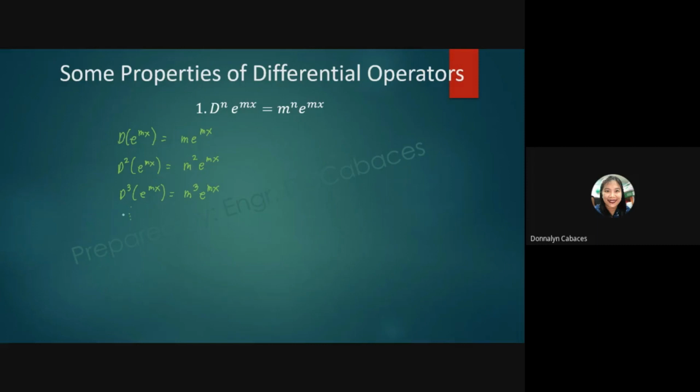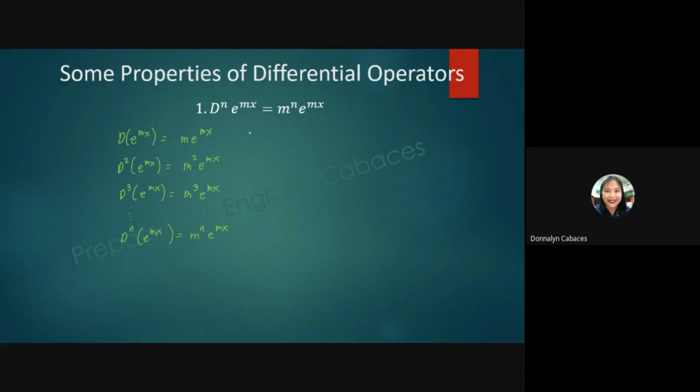So if you have the n derivative of e to the mx, that is equal to m to the n e to the mx. Okay, so later you need not differentiate it n times, but you can just have it as this number one property as m to the n e to the mx.